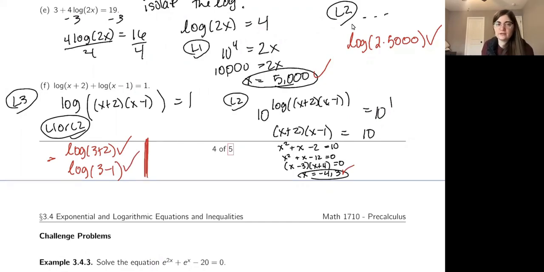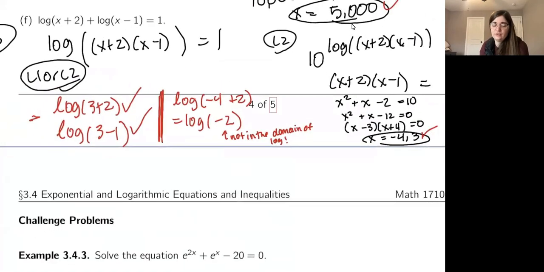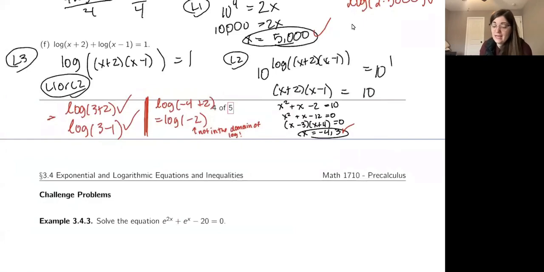I also need to check with that -4. And let's see, log of -4 plus 2 is log of -2. Oh no, that's a negative number on the inside of my log. I cannot have a -2 on the inside of a log, which means that -4 cannot be my answer. 3 is the only answer here.